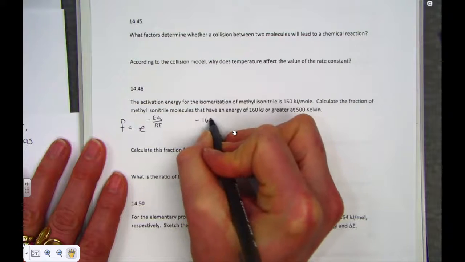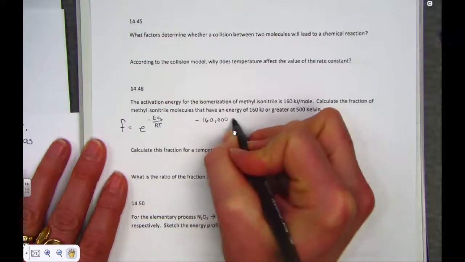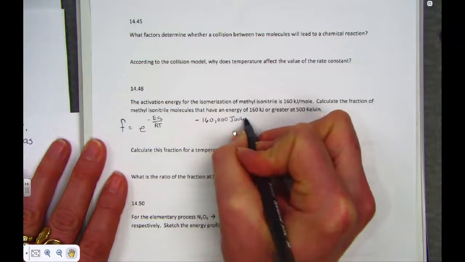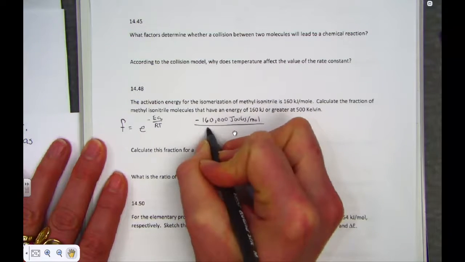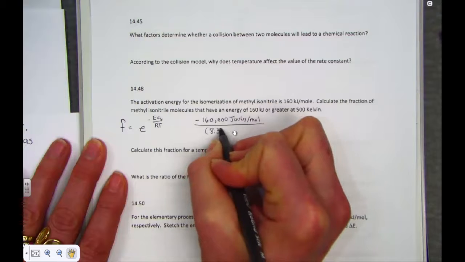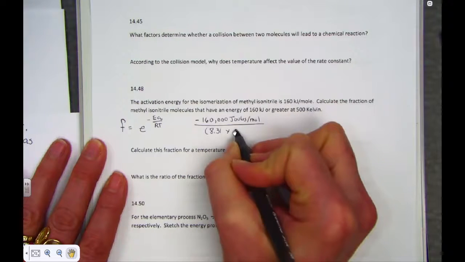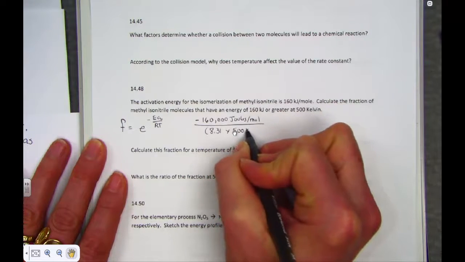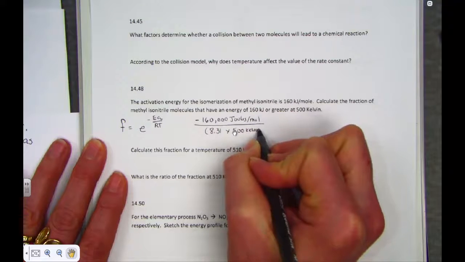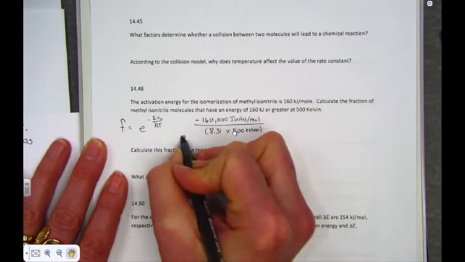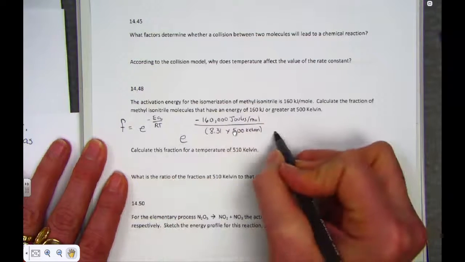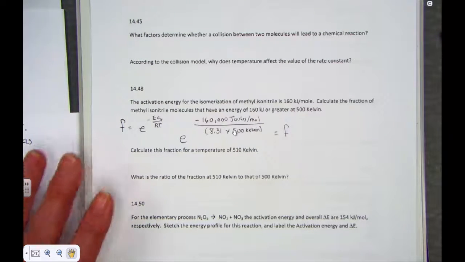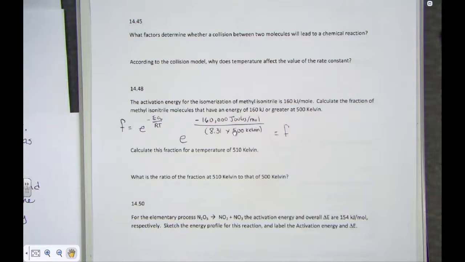So negative 160,000 joules of energy, and that's per mole, set over R, the gas constant 8.31, times our Kelvin temperature, 500 Kelvin. We'll raise e to this entire answer. e raised to that will get us F, where F is the fraction of molecules.